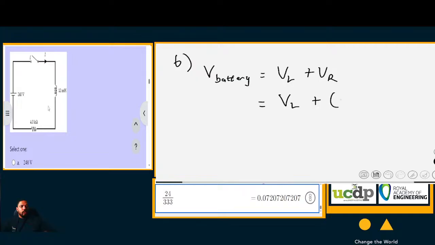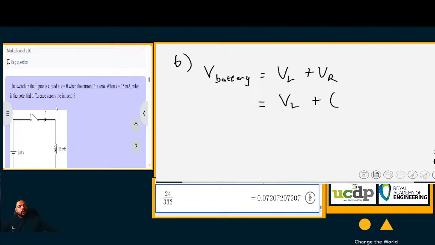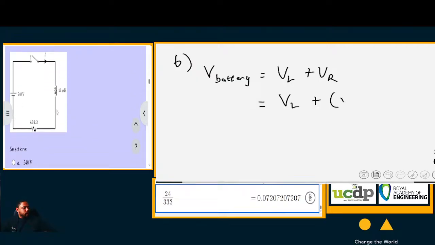Okay, so the current, which in this case they tell us is 15 milliamps. So 15 times 10 to the negative 3 multiplied by the resistance, which is 4 kilo ohm, 10 to the 3.